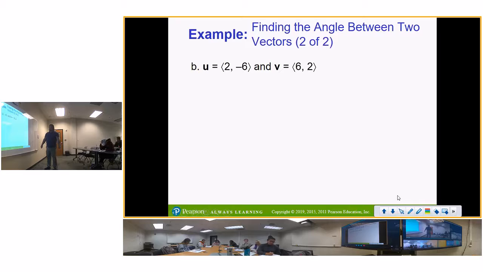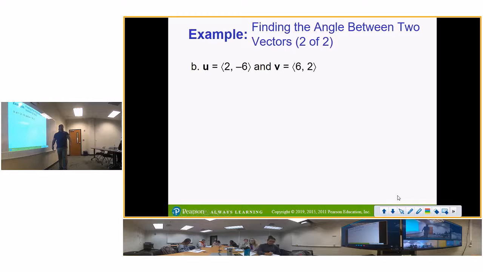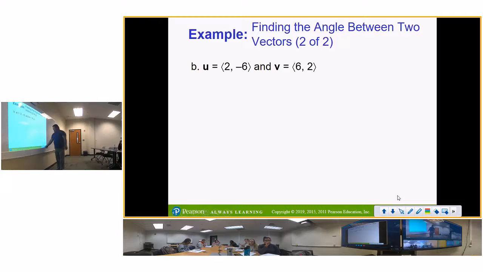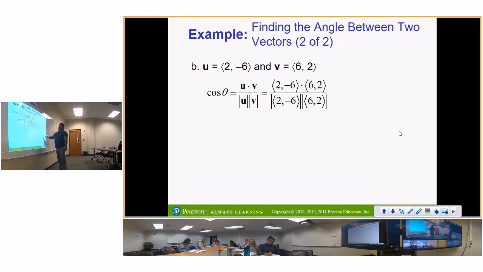So do the inverse cosine of 0. Which angle has a cosine of 0? 90, and 270, right? It's probably going to be 90, because usually most of these are between 0 and 180.